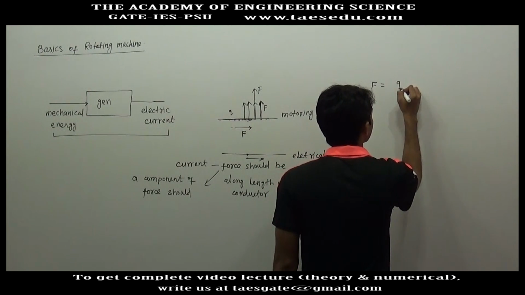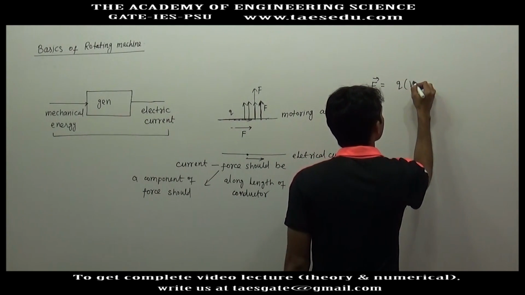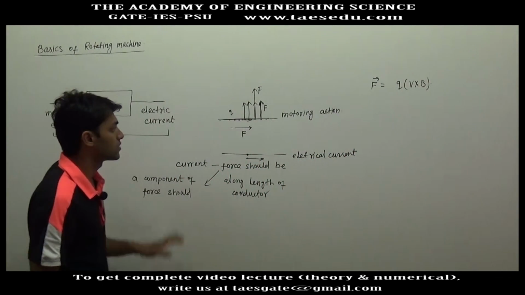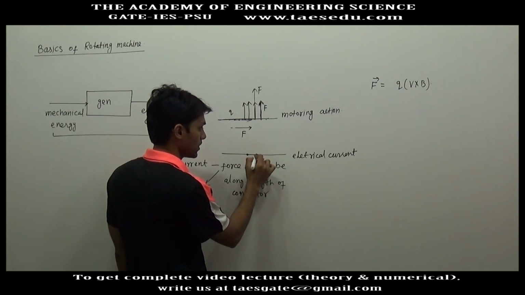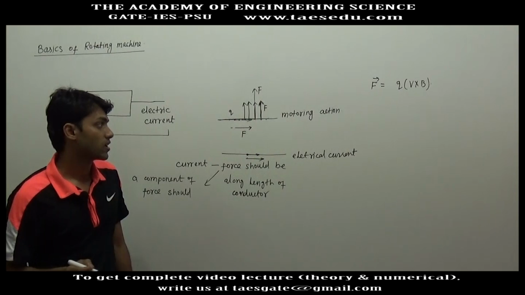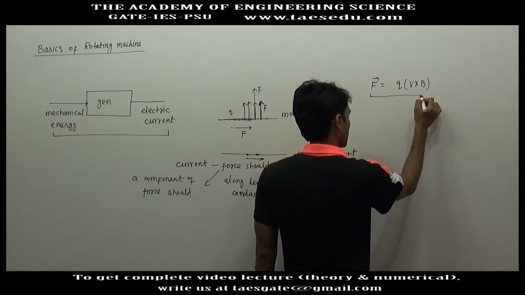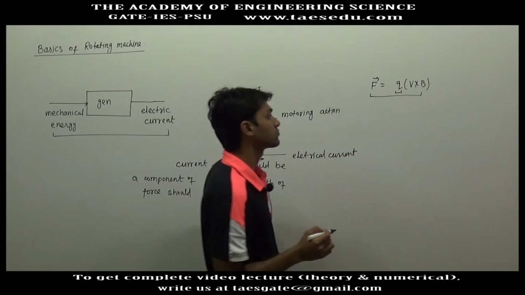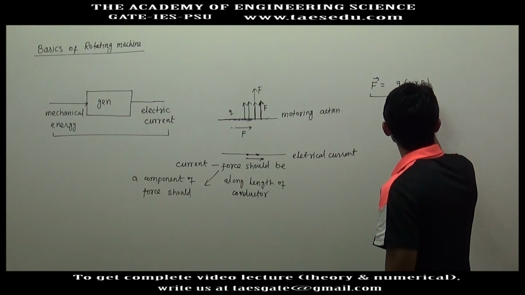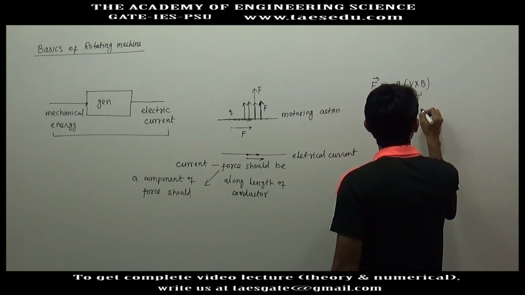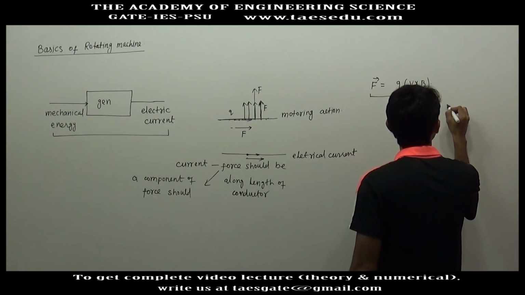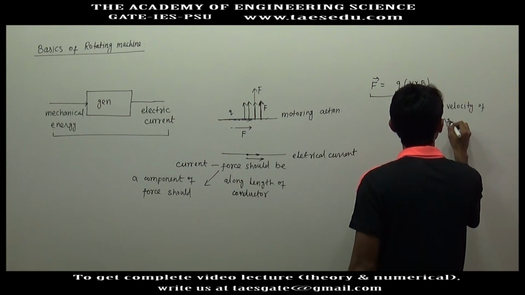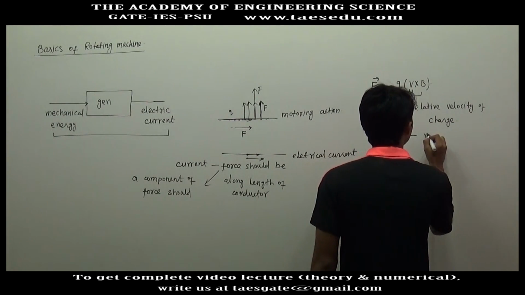The vector force is equal to Q V cross B. So in the case of generator, if you want force on charge to be along the length of conductor, force is given by this formula, where Q is the charge on conductor, V is the relative velocity of charge, and B is the magnetic field.